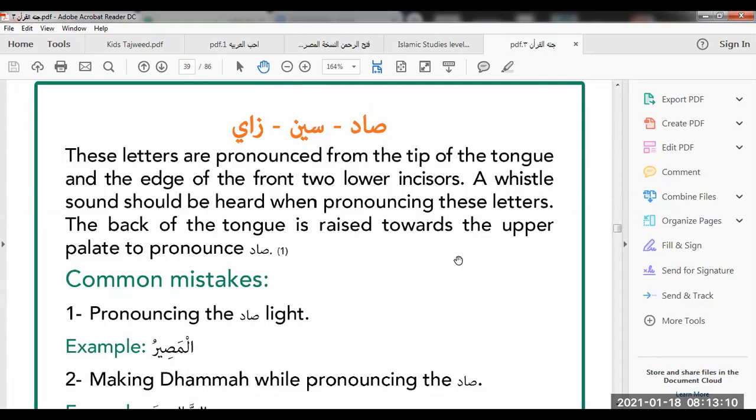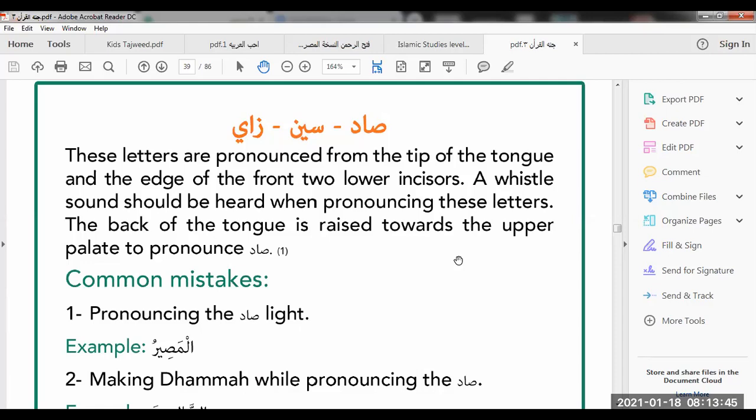These letters are pronounced from what? We agreed that every letter in the Arabic alphabet should have two organs to pronounce it. The first organ in the mouth is the tip of the tongue.